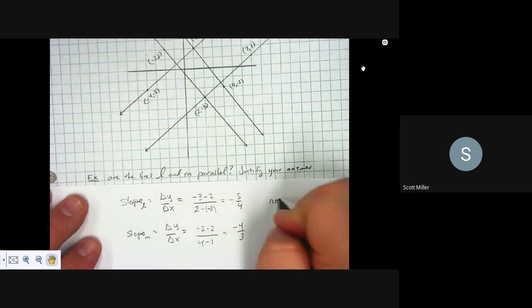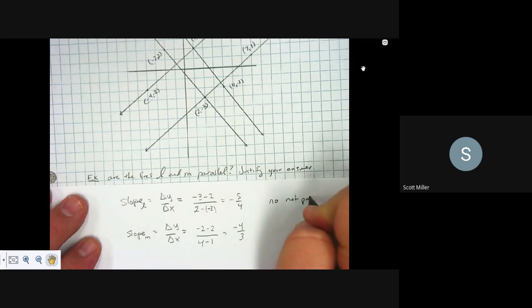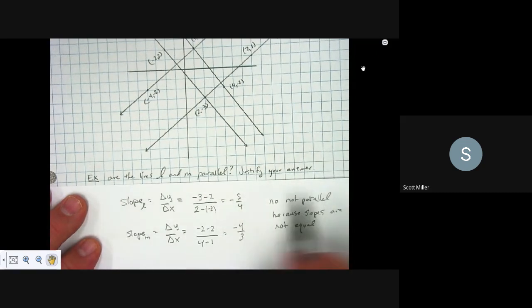So no, they are not parallel because the slopes are not equal. So when someone says justify your answer, you need to show your work and explain your answer. That's what that means.